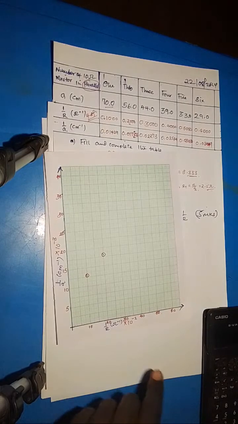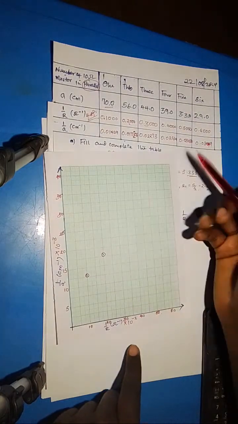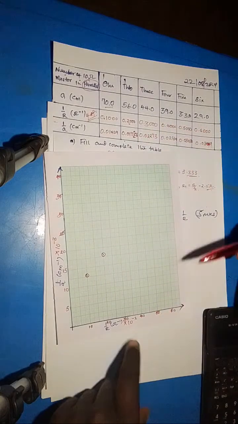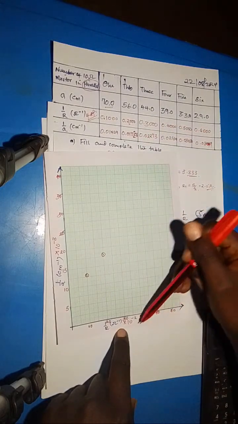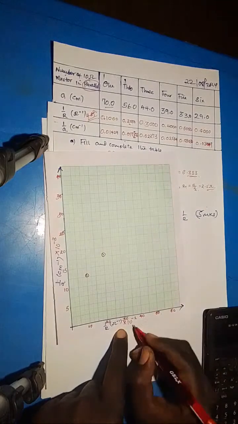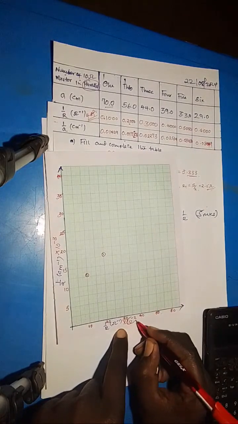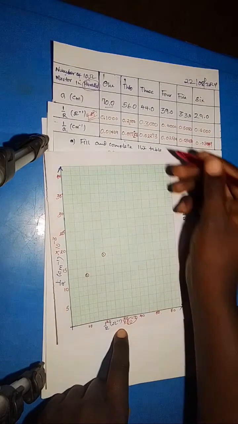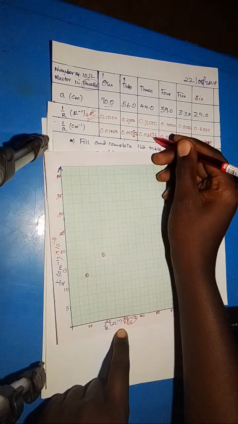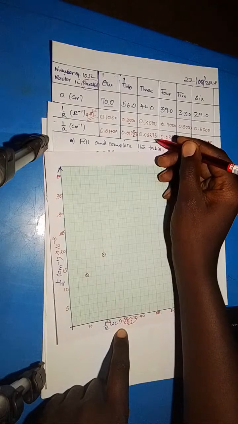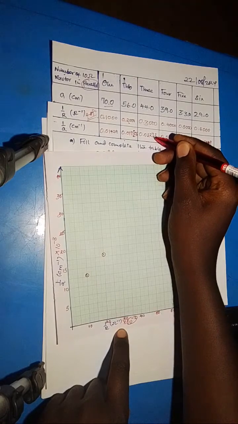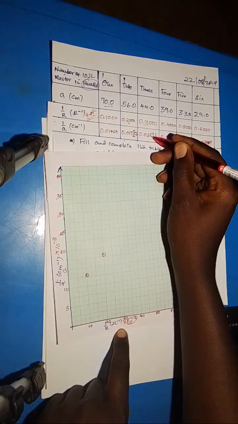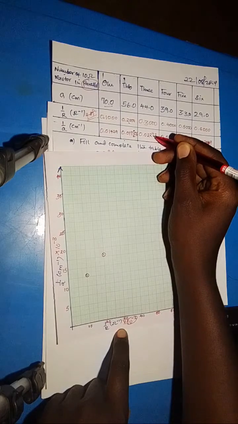We move to the next one, which is 0.3. To me, because of the times 10 raised to power negative 2, it is now at 30. Against 22.7. I may choose to have 22 or 23 from rounding off.